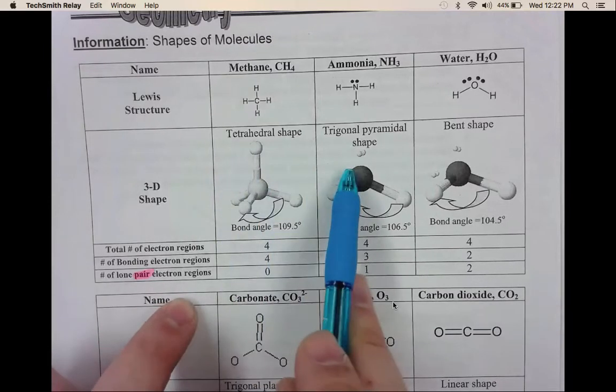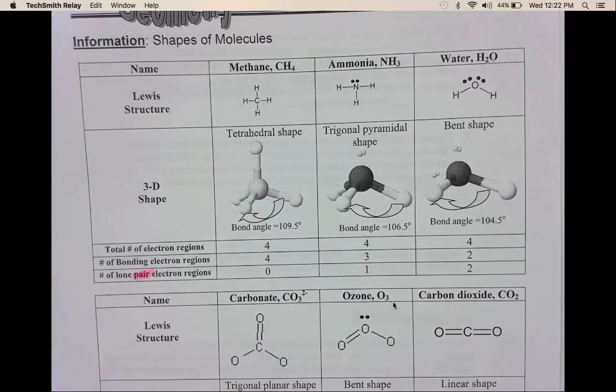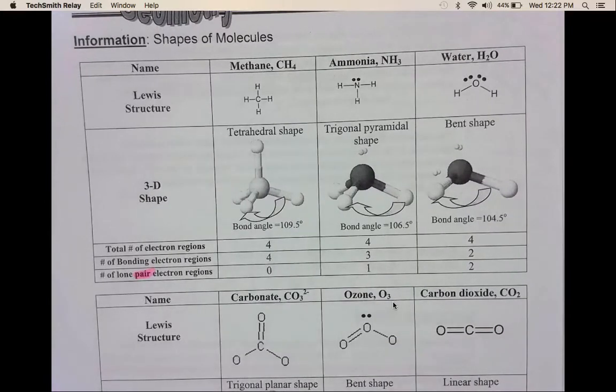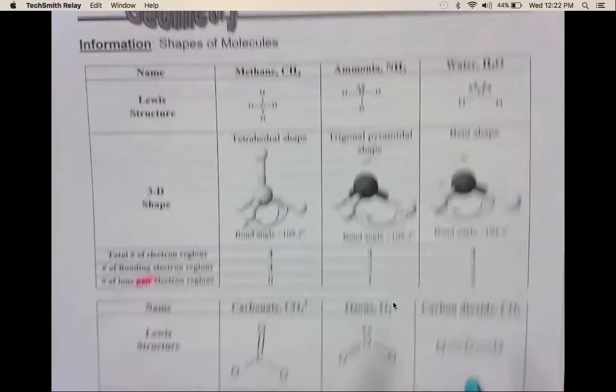So as you add lone pairs, the bond angle decreases. Does that mean we're either pushing the atoms closer together or we're making them further apart? Which one do you think is happening based on the bond angles and the pictures?